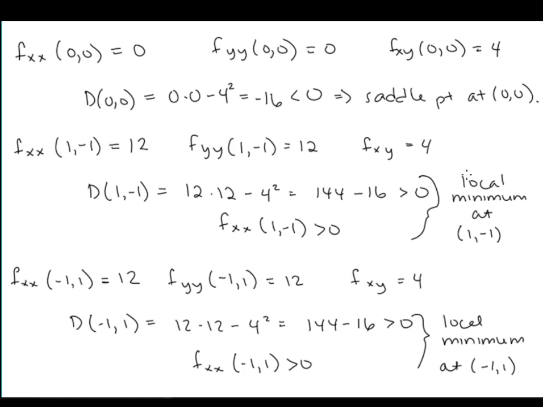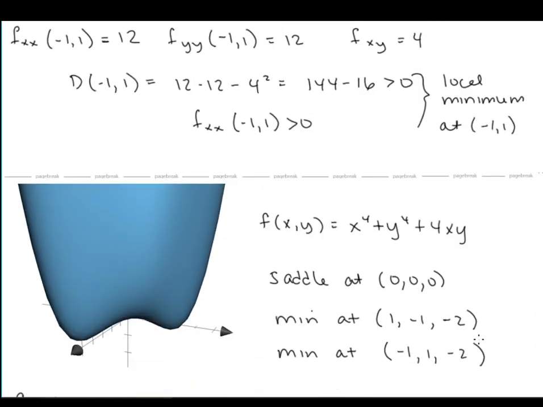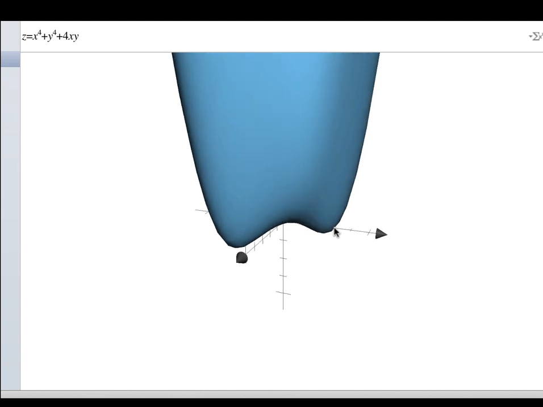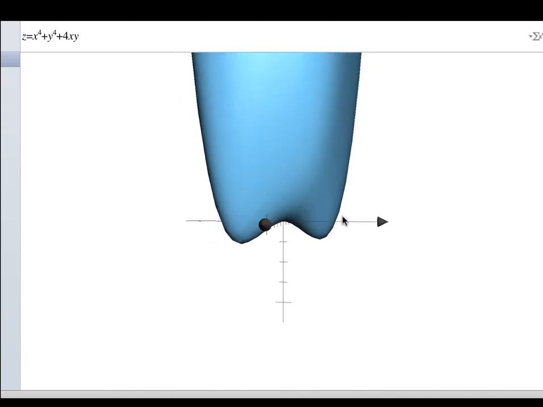So we found 1 saddle point and 2 local minimums. Let's take a look at what that looks like. We could see here this is the point x equals 1, y equals negative 1, and then z is equal to negative 2 here. And then x equals negative 1, y equals 1, z equals negative 2 is that other minimum point. And we can see that we have a saddle point at (0, 0, 0).